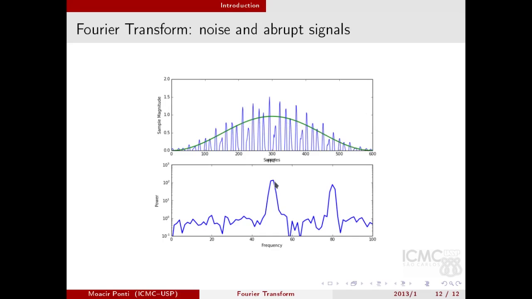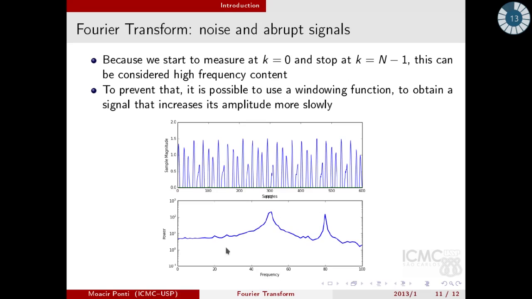And it allows me a much clearer analysis in terms of the frequencies. In this case, the two peaks regarding the frequencies 50 and 80 are clearer than in the previous example.